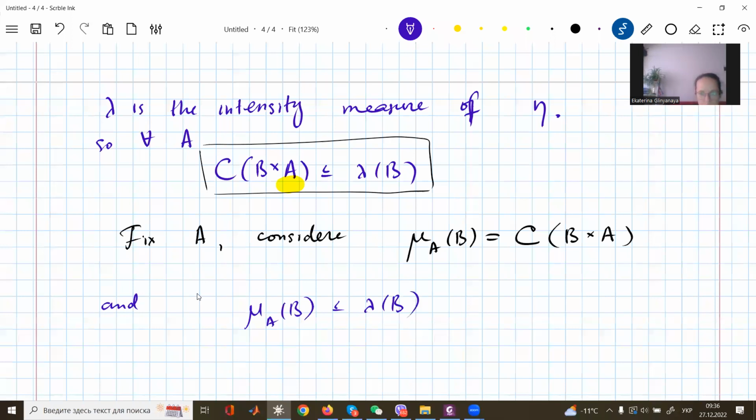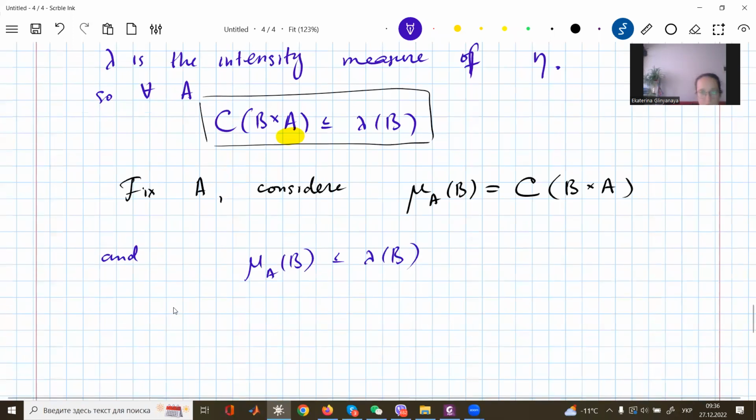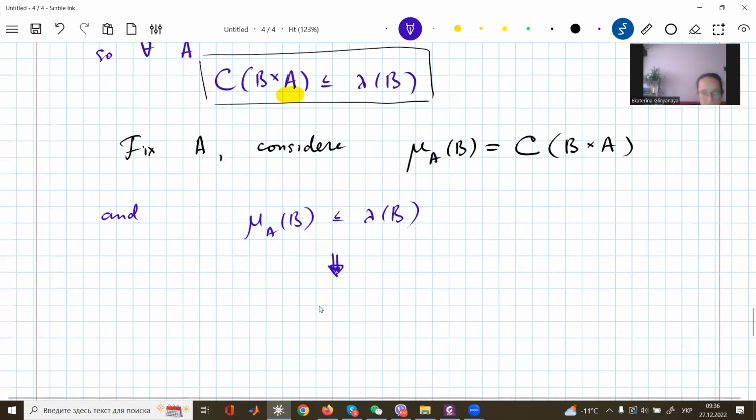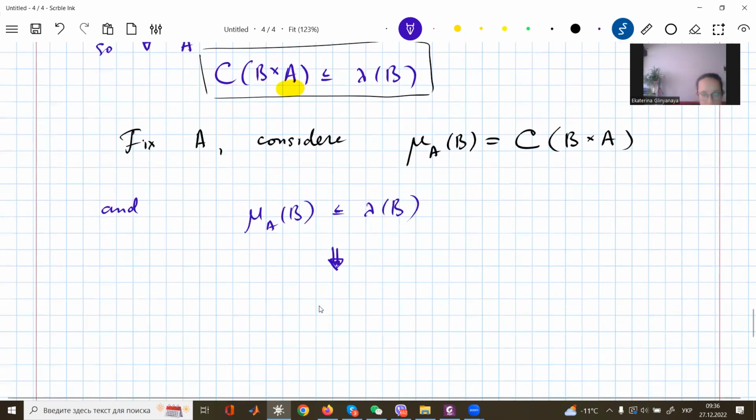And of course, this is a measure itself. So from this, now I will use a known result of measure theory. If I have such an inequality, then the measure mu A is absolutely continuous with respect to measure lambda.